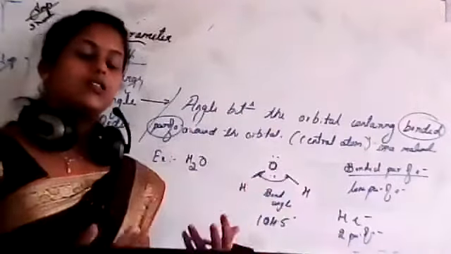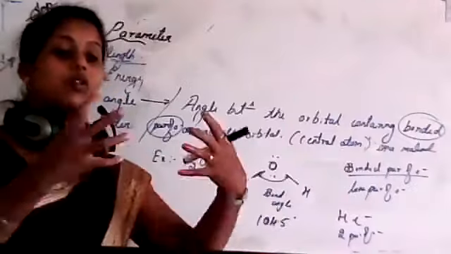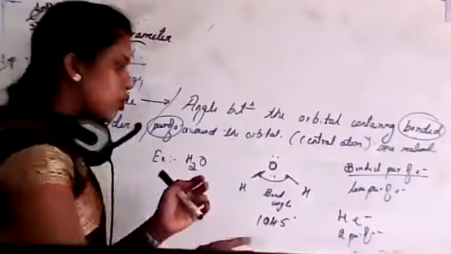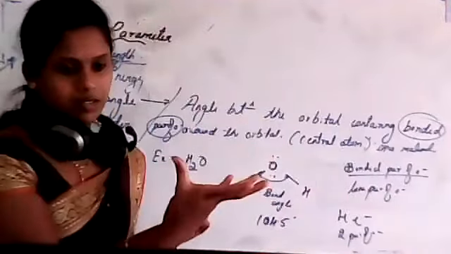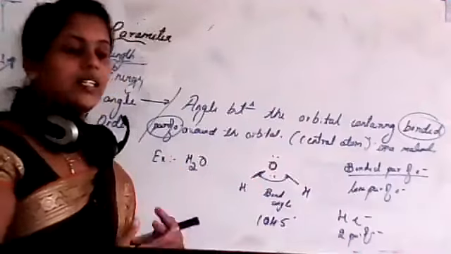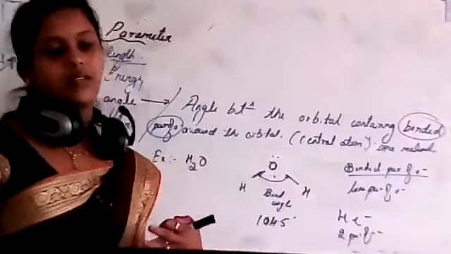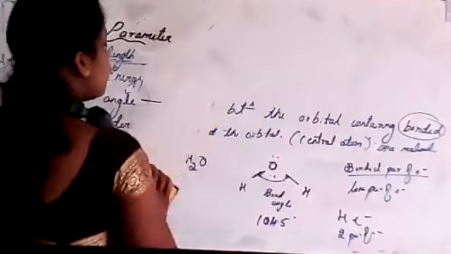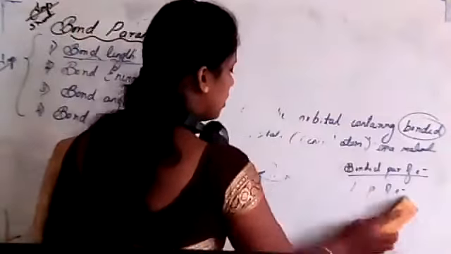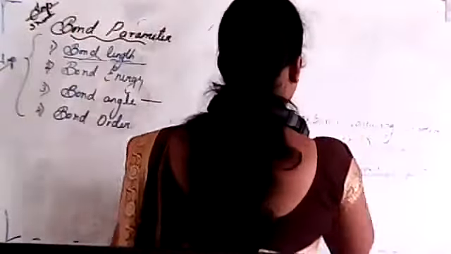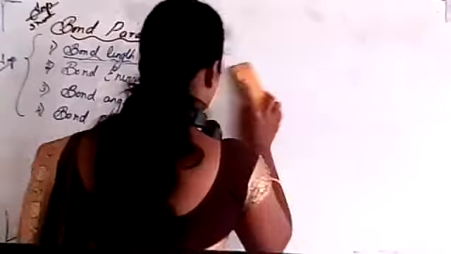There are three different types of attraction and repulsion forces, so the bond angle will decrease or increase. That depends on VSEPR theory, which we'll study in this chapter itself. It is the initial stage, so we have to learn about these first.